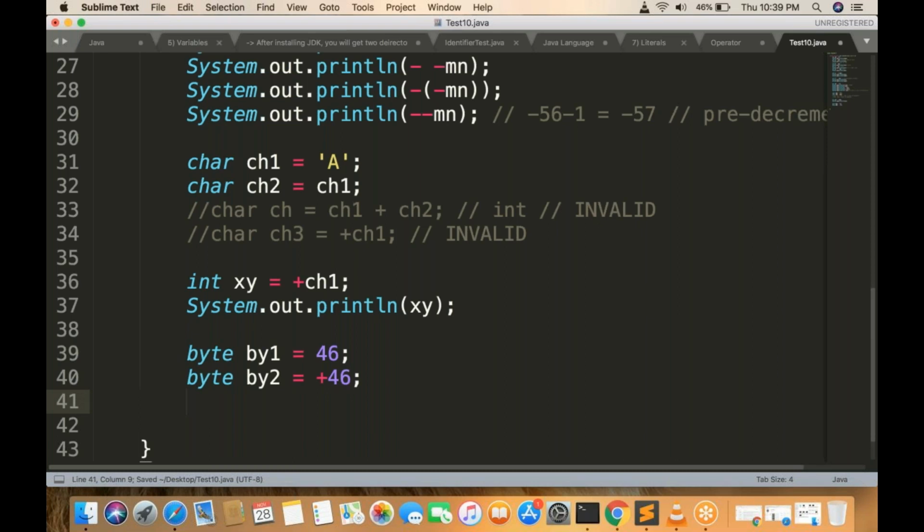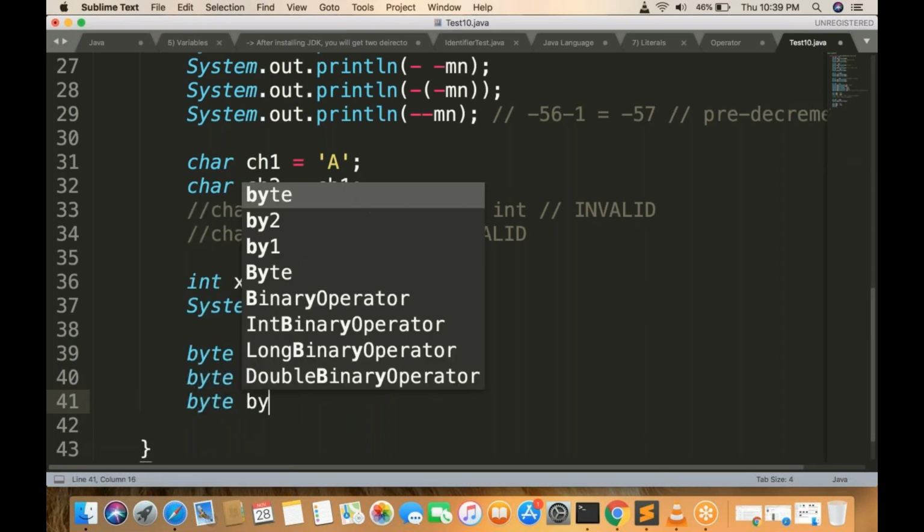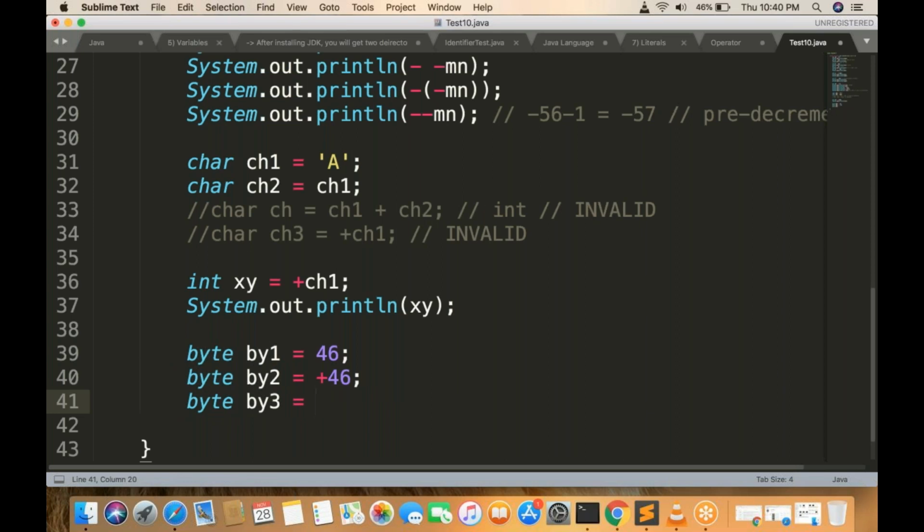Now can you please quickly tell me, byte b3 is equal to plus b1, whether it is valid or invalid? b1 is equal to 46, b2 is equal to plus 46, b3 is equal to plus b1. Is it valid or invalid?